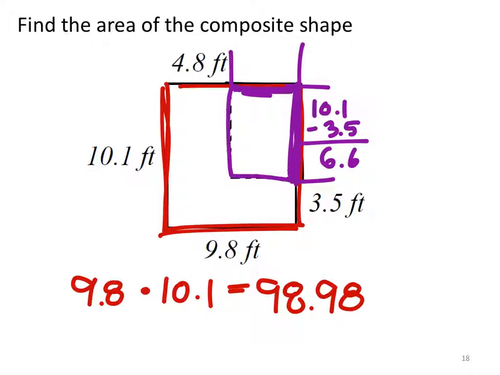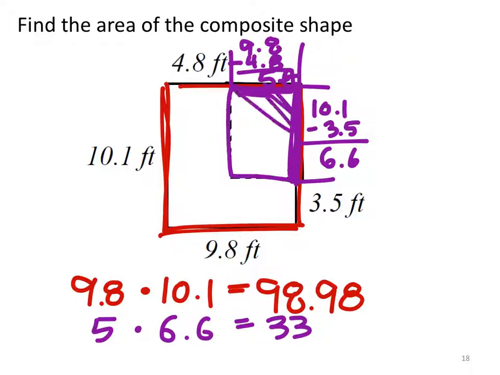We're just going this far. So we have to take off that 4.8. So I've got 9.8 minus 4.8. So this would be 5 feet right here. So this is a 5 by 6.6 rectangle. So I've got a width of 5 times the length of 6.6.